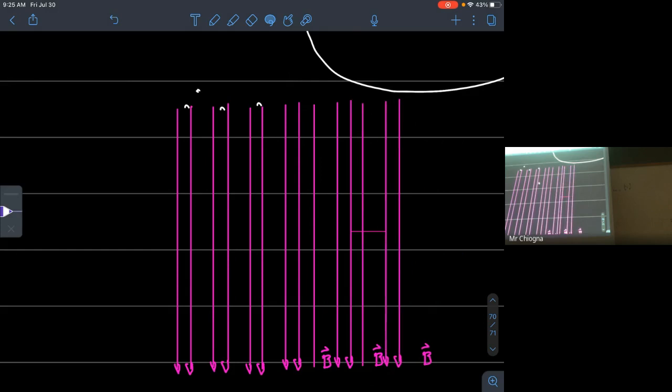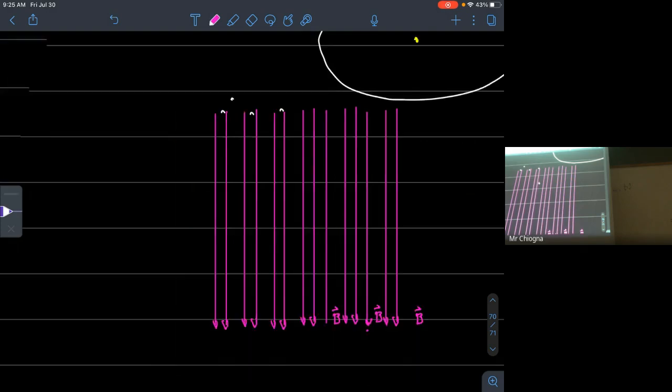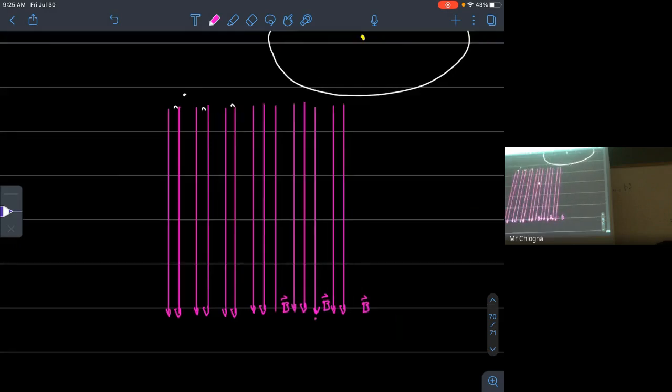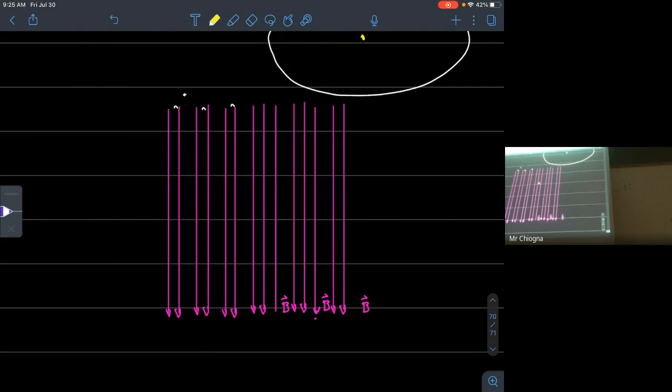Okay, the magnetic field's acting down in this case. What does a charged particle do? What does the electron do? We can do it for an electron or proton, since we're dealing with the cathode ray tube.